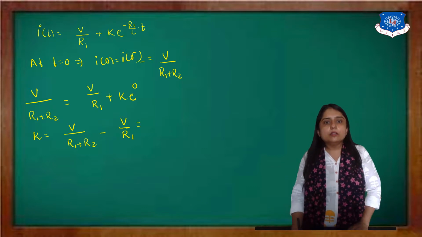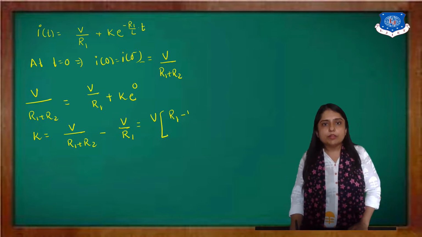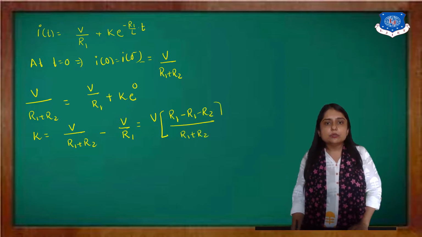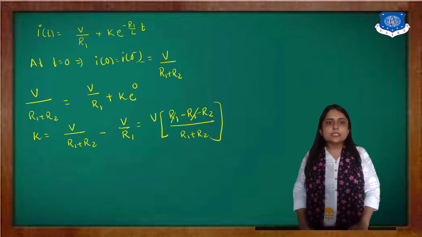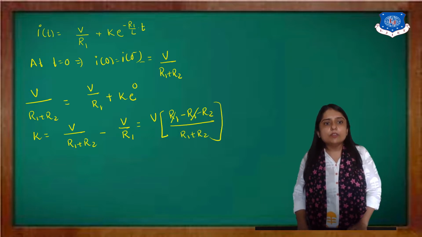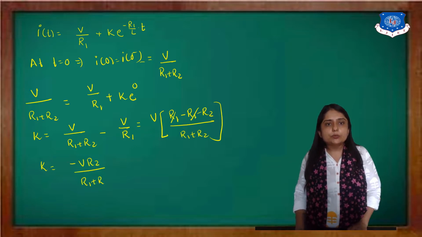So here you just take V common, then take the LCM, R1 minus R1 minus R2 upon R1 plus R2. So this R1 is cancelled out. So the value of K will become minus V into R2 upon R1 plus R2.